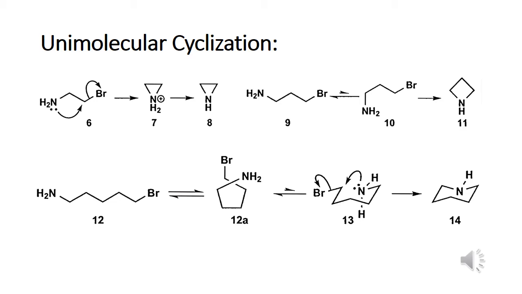So here is a comparison between structure 8 and structure 11. Structure 8, the three-membered heterocyclic compound, is favorable as the nucleophilic nitrogen is closer to the electrophilic carbon, while in structure 11, the four-membered heterocyclic compound, the nucleophilic nitrogen and electrophilic carbon are farther apart due to the stereo arrangement. The four-membered cyclic compound is unfavorable as the favored conformation cannot cyclize, and the other conformation that can cyclize has eclipsed bonds.